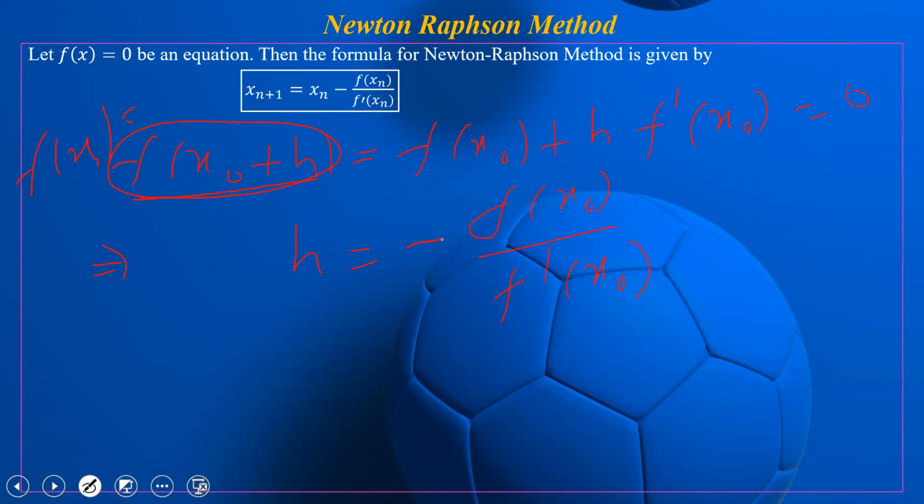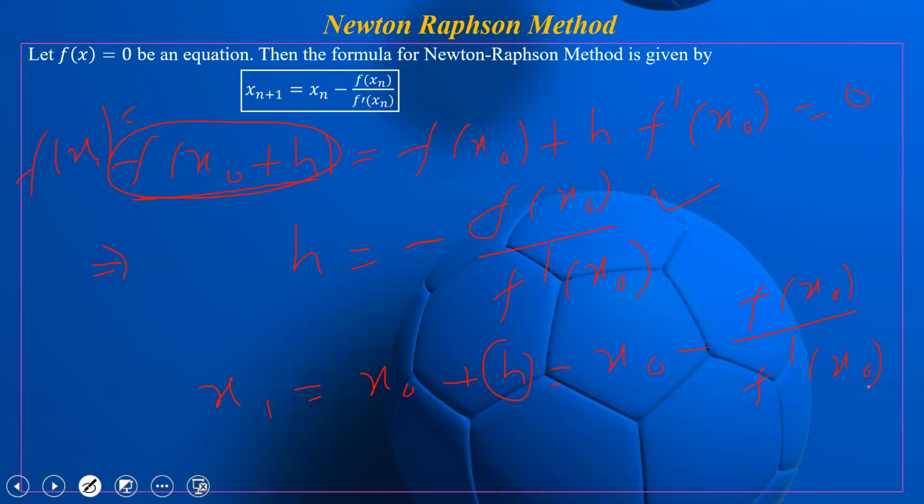This is the value of h. So what is the exact solution? x1 = x0 + h, and the value of h is this. So we can write x1 = x0 - f(x0) / f'(x0).